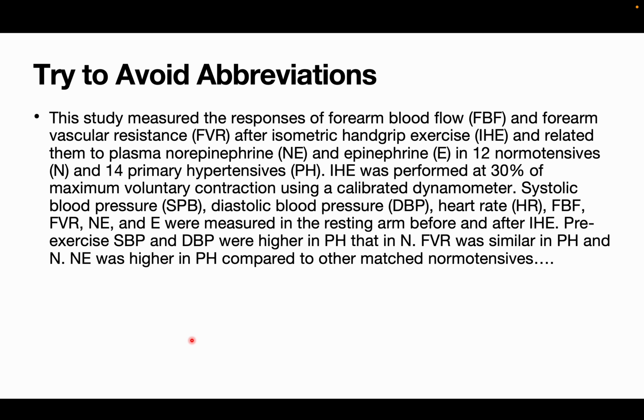IHE was performed at the 30% of maximum volume, blah, blah, blah. You get the point. There are way too many abbreviations in this sentence. There's probably 4 or 5 sentences here. It's too much. It's overwhelming, and we can't remember what each of the abbreviations stands for.